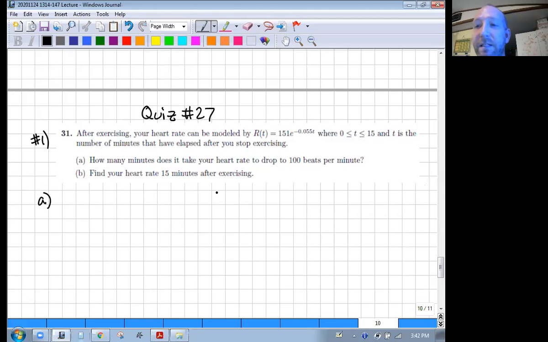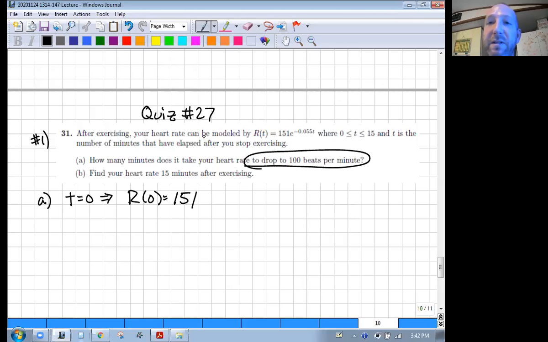Well, let's see. At time 0, that means the instant you stop exercising, we get 151. If you plug a 0 in for T here, e to the 0 is just 1, right? So we want to know when it's dropped to 100 beats per minute, right?